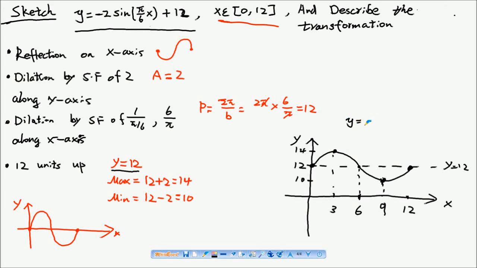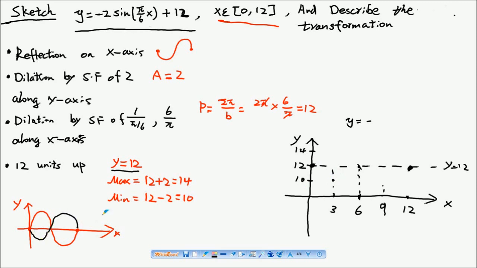Oh yeah, sorry, I made a mistake because we should have a minus shape. So we have a reflection there. It's minus, so it starts from here, and the shape should look like that.